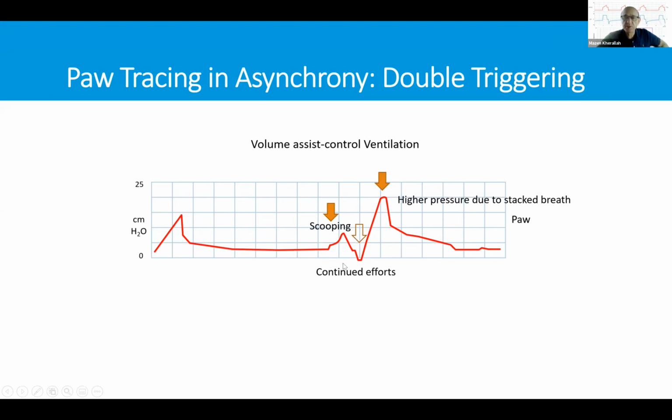However, the patient continued to have his efforts, and he triggered the ventilator again. So the machine is triggered again without full exhalation yet. That generated another pressure that is built on the first pressure, and that's why you see the peak pressure is higher on the second breath. This is a higher pressure due to the stacked breath. The volume is not exhaled from the first breath yet.